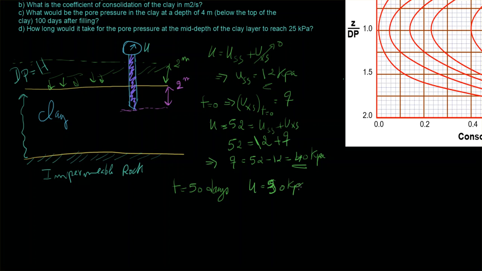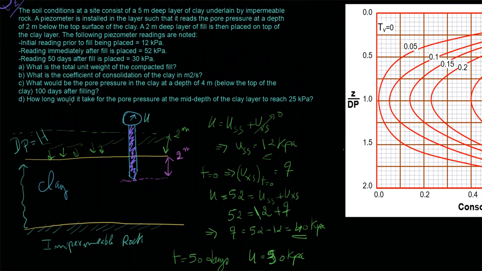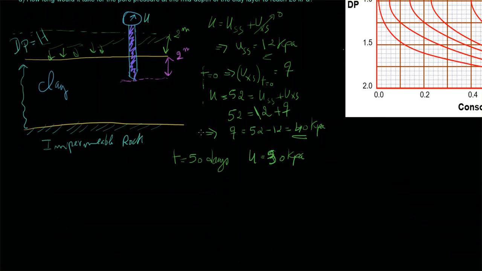Okay. Again, we could break this up. We could say U equal to U_ss plus U_xs at that time, and U_ss is 12. Therefore, my U_xs is 30 minus 12, and that's going to be 18 kPa.